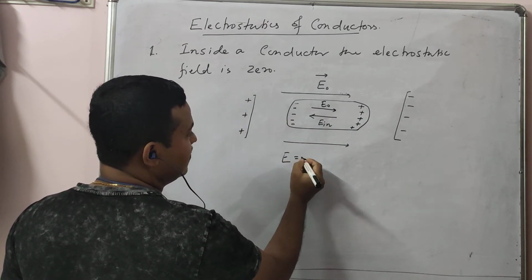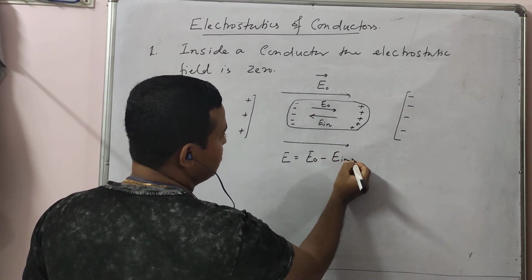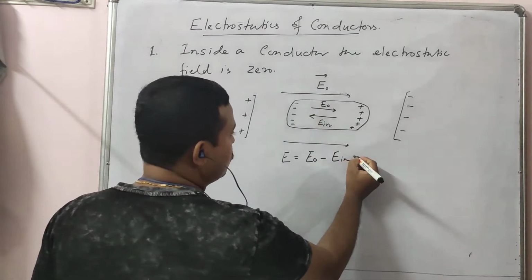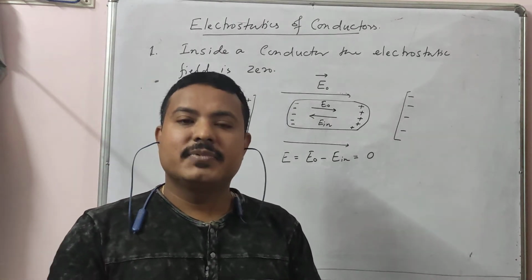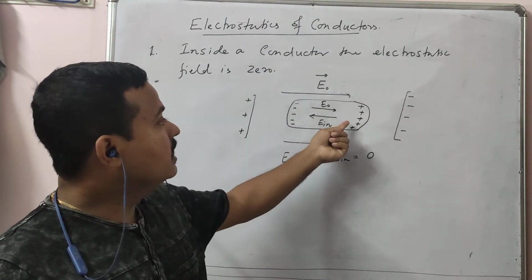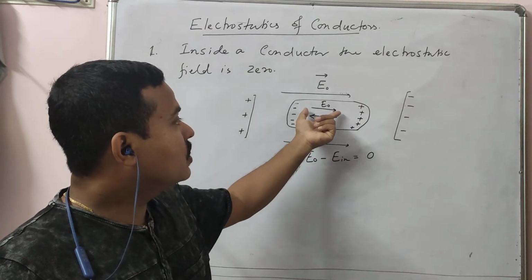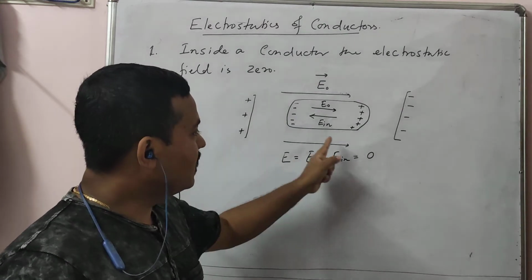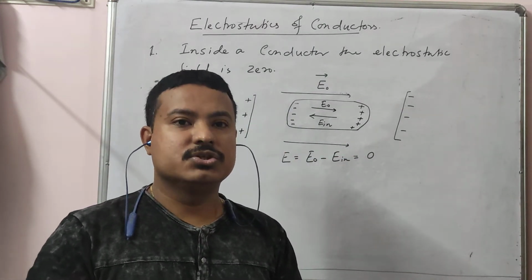Net field inside the conductor is E naught minus E induced, because they are in opposite directions, and the total field will be zero. That means inside a conductor the induced field is developed, which is equal and opposite to the applied electric field, so that the net electric field inside the conductor is zero.